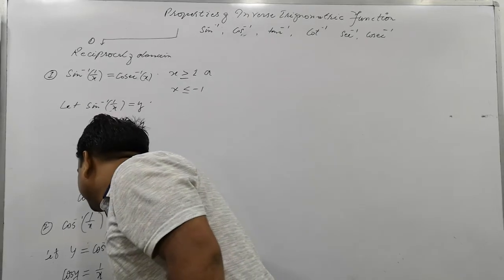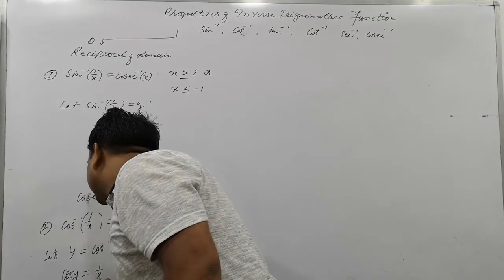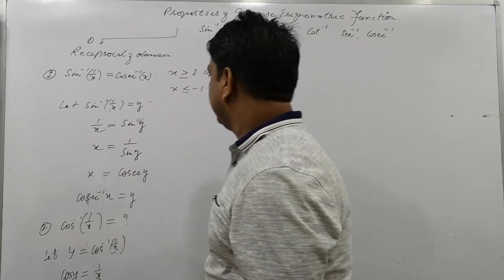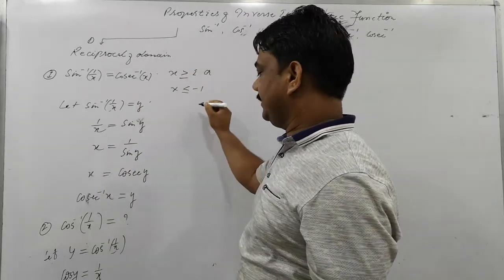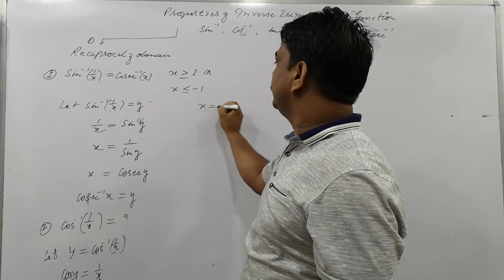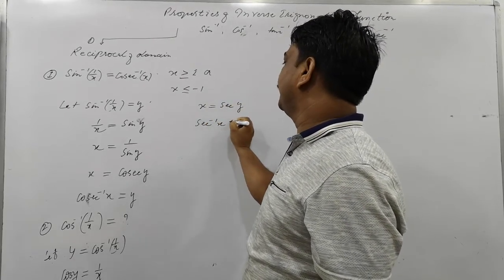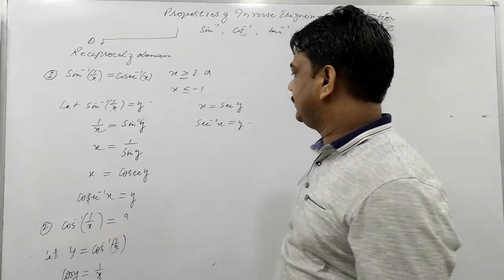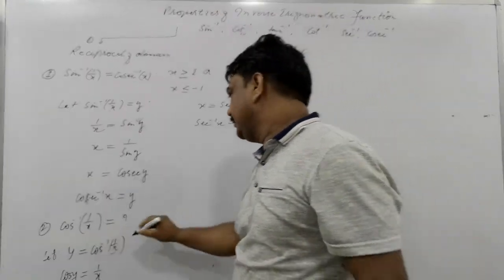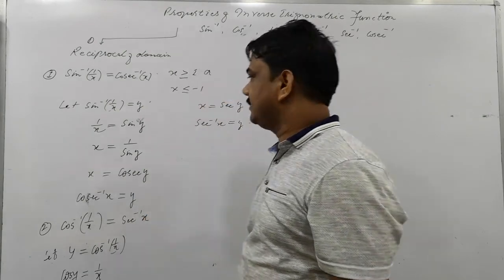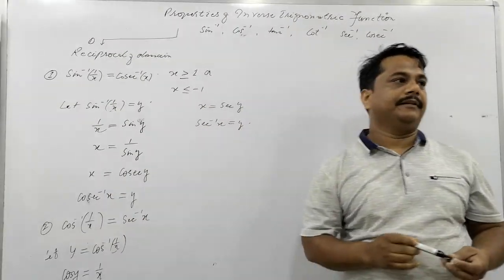So x is equal to 1 by cos of y. So x is equal to sec of y, and sec inverse x is equal to y. You may see this is sec inverse x. This is the second property.